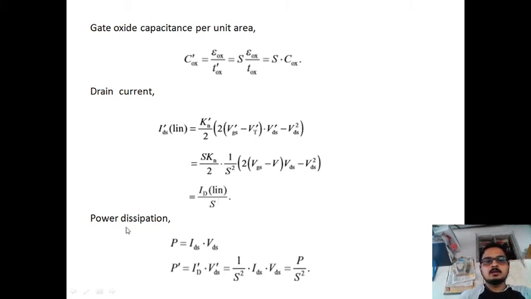Okay, see the power dissipation. What happens to the power dissipation when we apply constant field scaling? P equals IDS into VDS. Generally, power equals voltage into current.